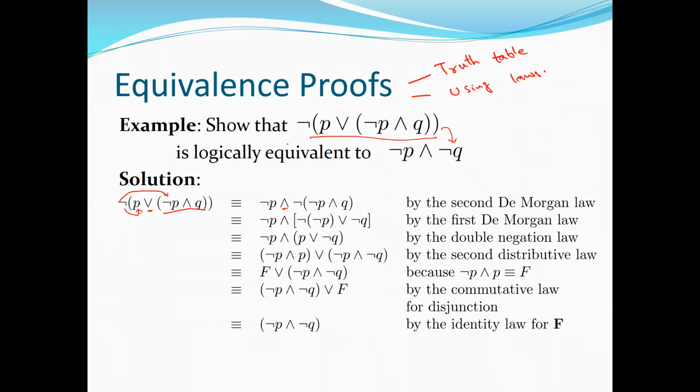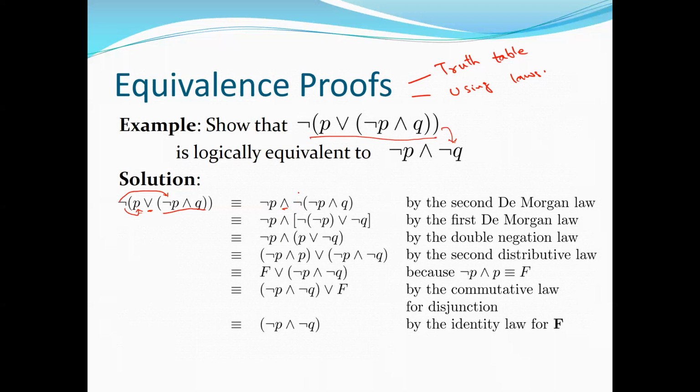Now what next? We have the negation outside, so let's apply it here. If you remember the precedence from the previous lecture, after the brackets, the highest precedence is of the negation operator. So now solve this negation.